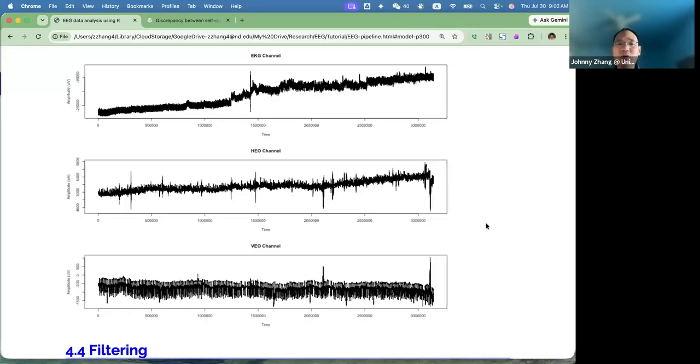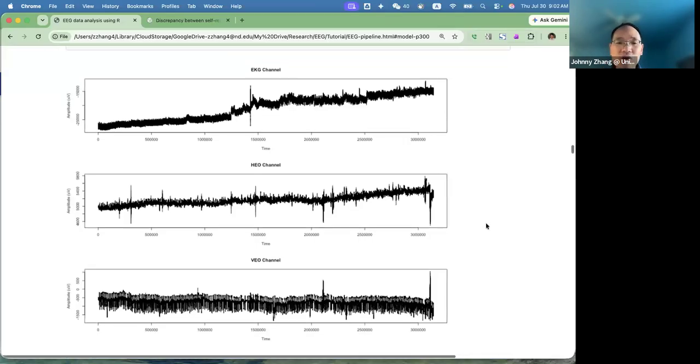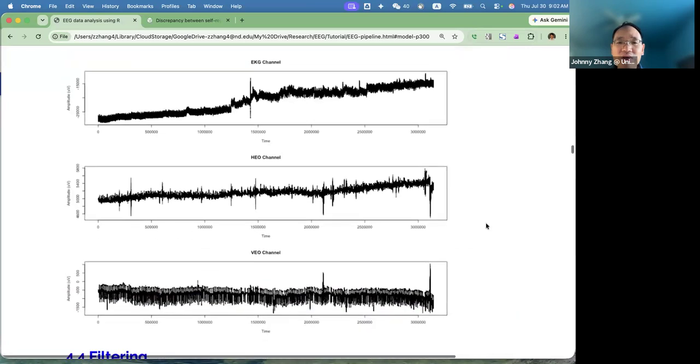Oftentimes we look at these to check for potential issues with the data collection. This is used to screen the data to identify either bad signals or artifacts or something else.